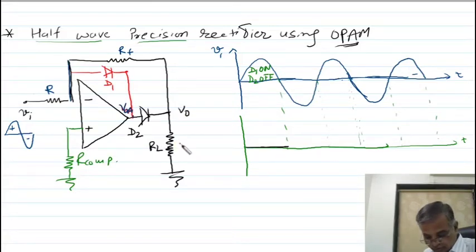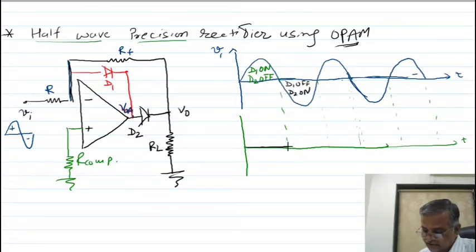So, during the negative half of the input cycle, D1 does not conduct, D2 conducts, so you will get the voltage. I am writing here D1 off and D2 on.